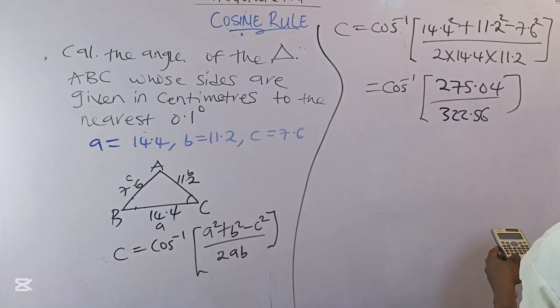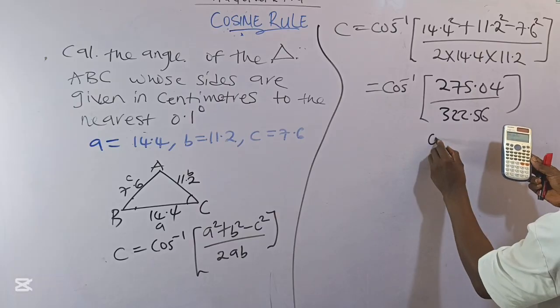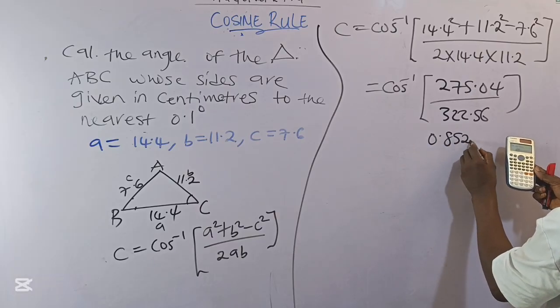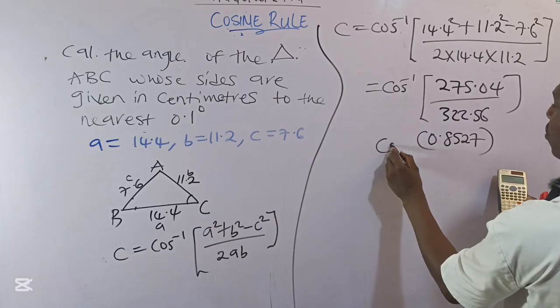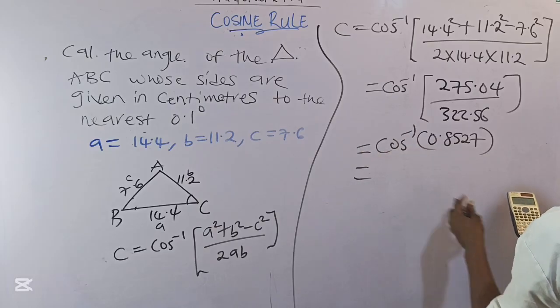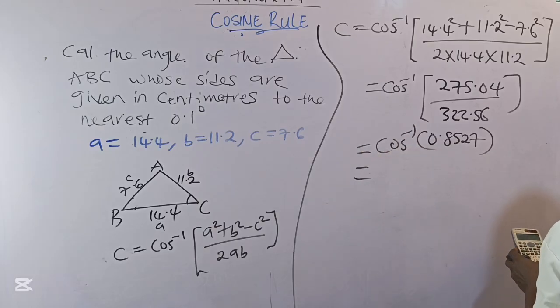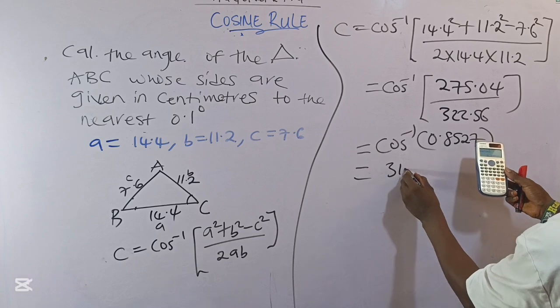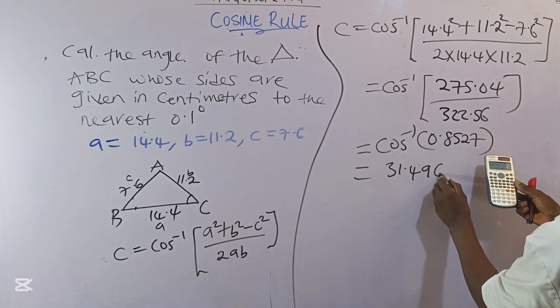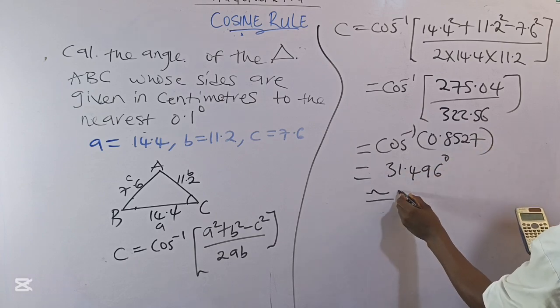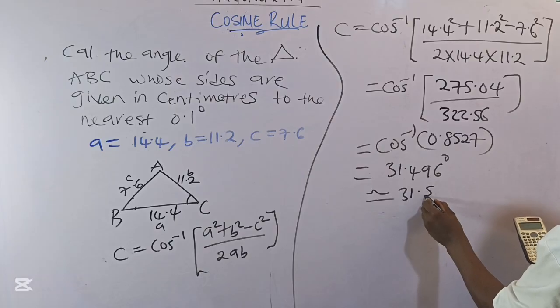And I'll have 275.04 divided by answer, and this will give me 0.8527. Cos inverse. So I'll have shift cos of my answer to give me 31.496 degree, which is approximately equal to 31.5 degree.